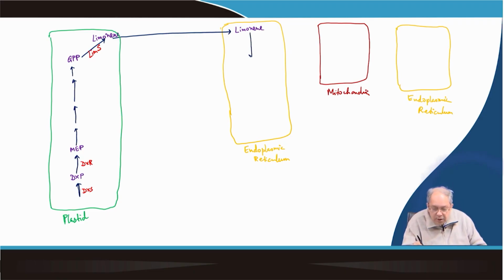Where by the action of this enzyme L3H, which is limonene 3-hydroxylase, limonene is converted to trans-isopiperitenol. This trans-isopiperitenol will be subsequently converted into isopiperitenone.